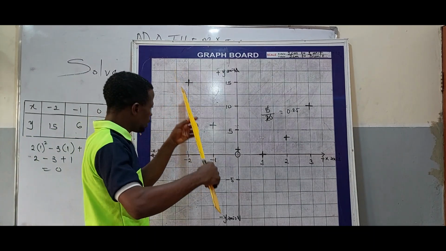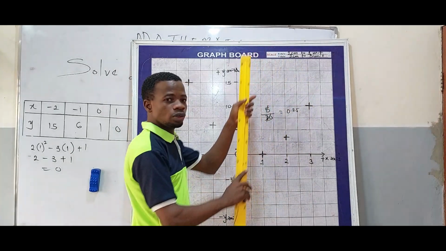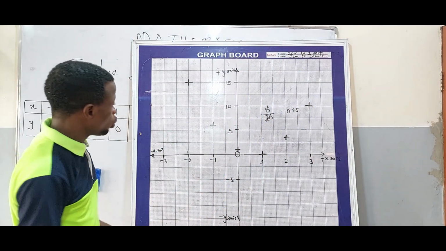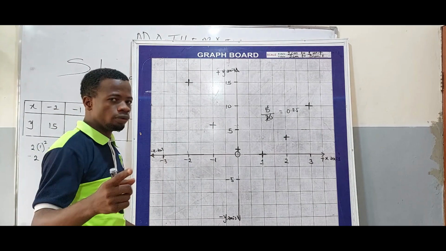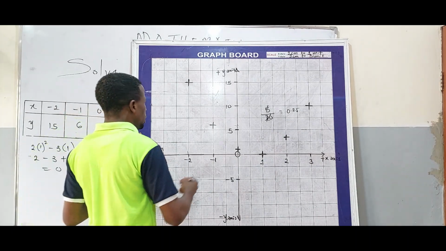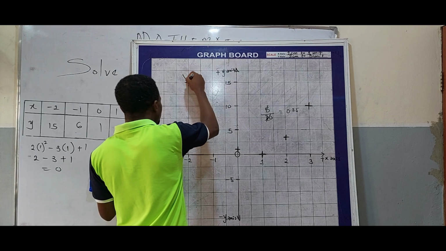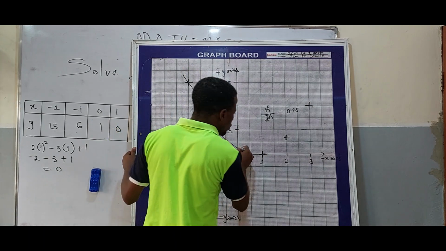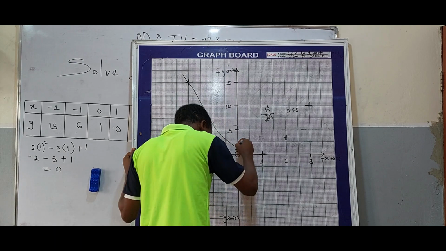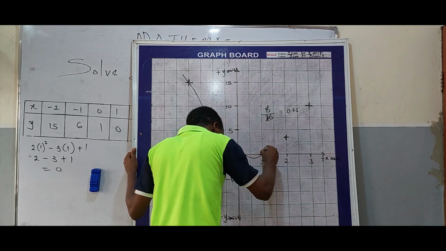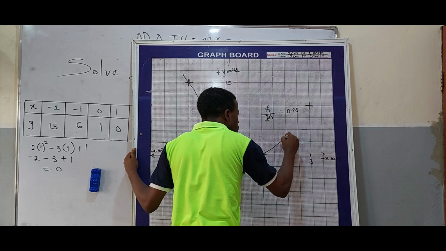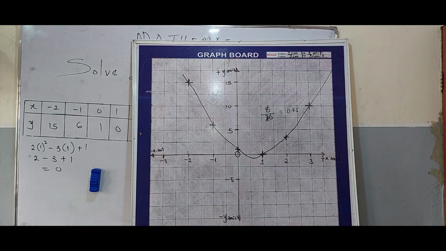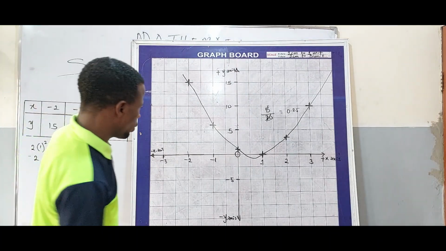So from here we can now draw our curve. It should be this way, along this way. I don't have a French curve here, but I will improvise. You need a French curve to get the right answer. So I can move from here. So that's my curve. Now, two things are important.